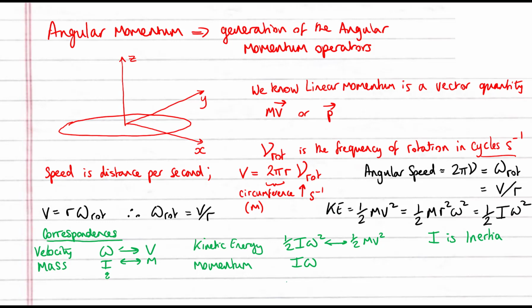Here we were expecting mass times velocity, so for a circular motion we get inertia multiplied by the angular speed, angular velocity, and that corresponds with, in linear terms, mass times velocity itself.